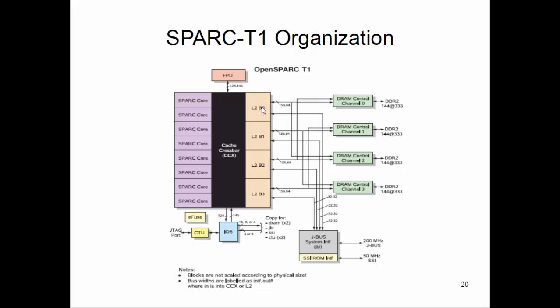Each 2 cores are connected to one of the banks. Core 0-1 are connected to bank 0, core 2-3 to bank 1, core 4-5 to bank 2, and core 6-7 to bank 3. They are connected not through a bus system, but through what is called a cache crossbar, or CCX system.